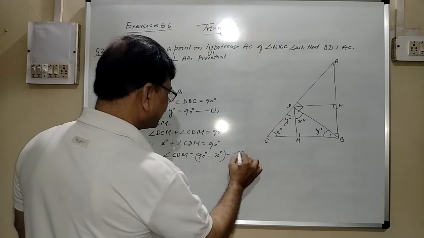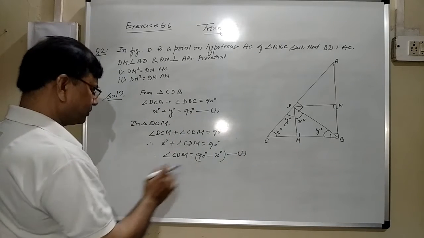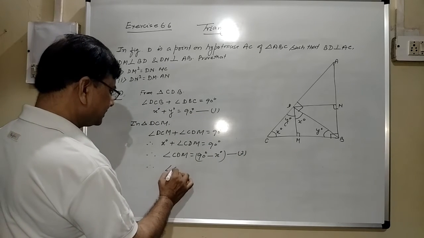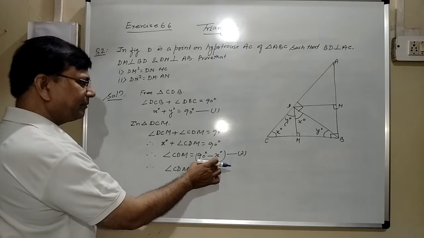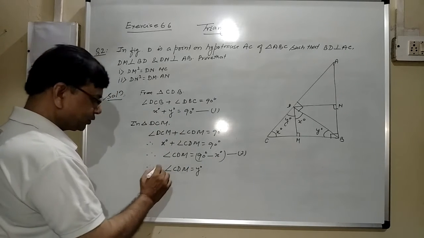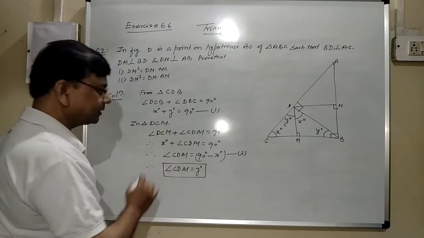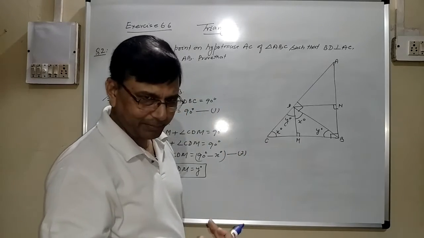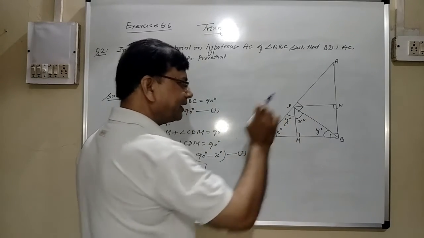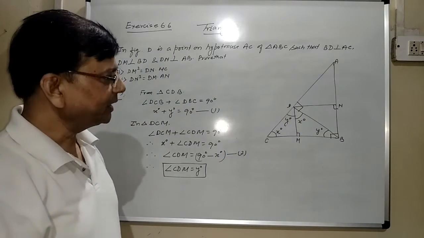So this is equation number 2. From 1 and 2, therefore angle CDM is equal to y degrees because 90 degrees minus x is y degrees. So this we have got. So this angle is y, and on homework I am giving you, just find this angle, you will find it is equal to x degrees.